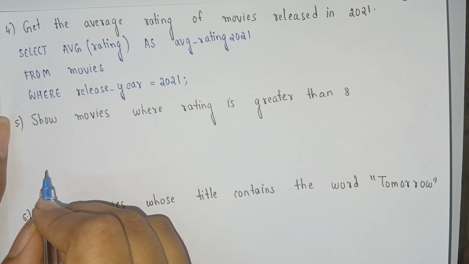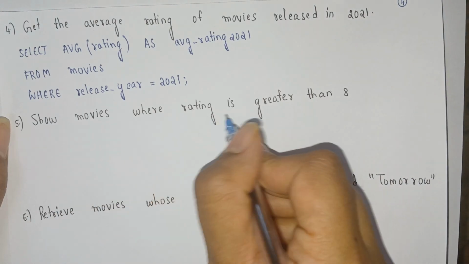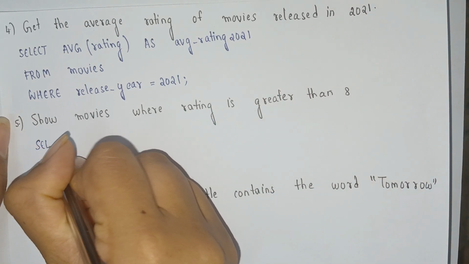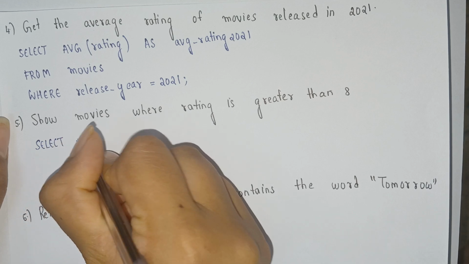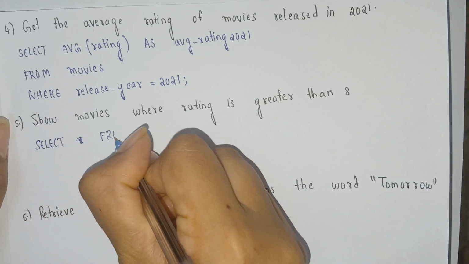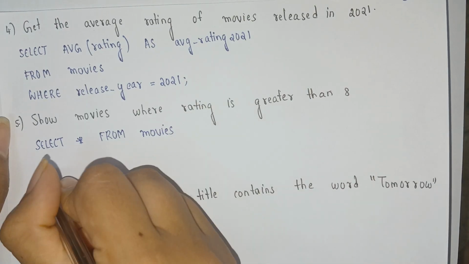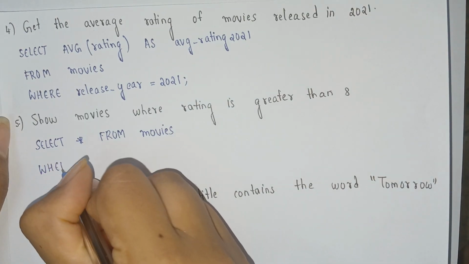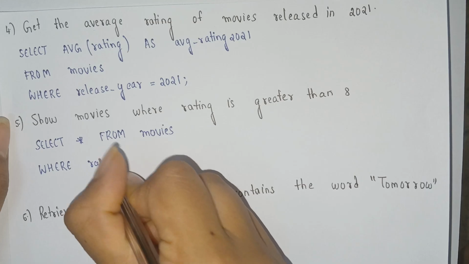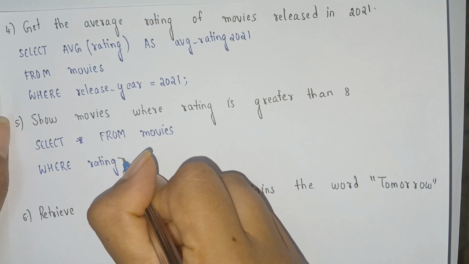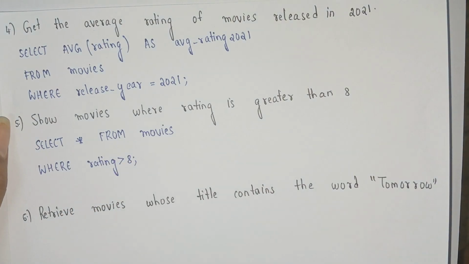So we have to fetch all the movies based on the rating column. So we will fetch all the movies where rating is greater than 8.